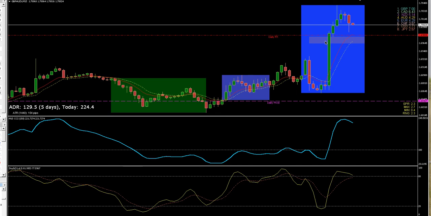There we go. So, somewhere right down in here, which is, like I said, about 169.60 to 169.80. So this zone right here would be my pullback zone that I would be looking at strongly.